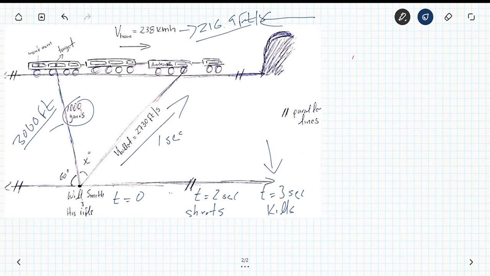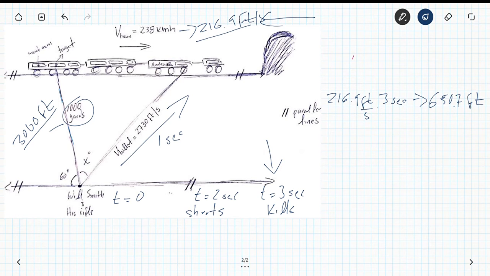Okay, so we're going to multiply 216.9 feet per second times 3 seconds, and that will yield 650.7 feet.